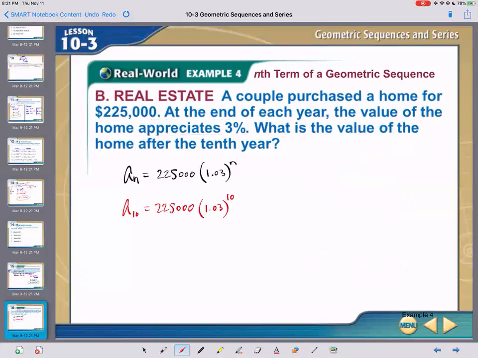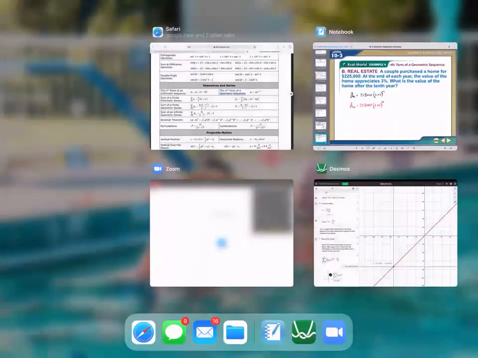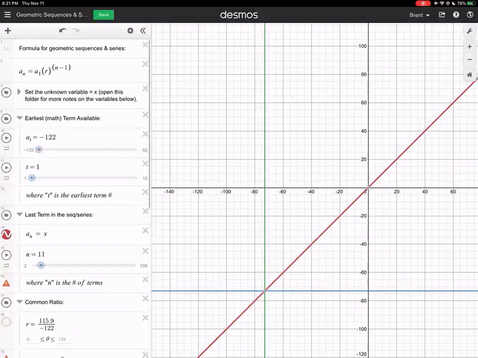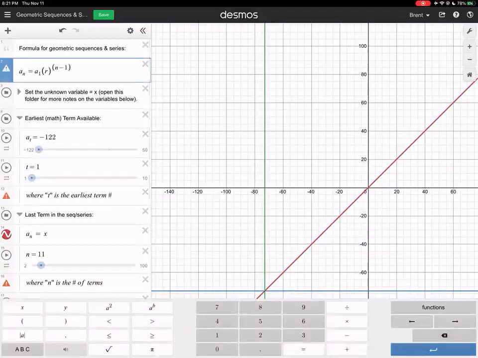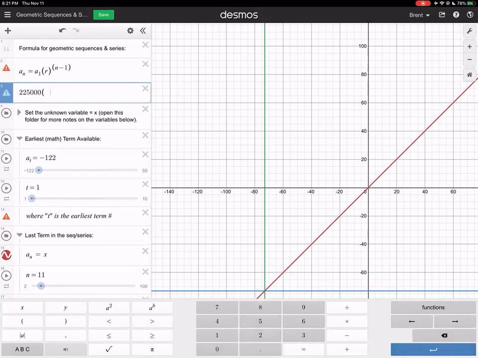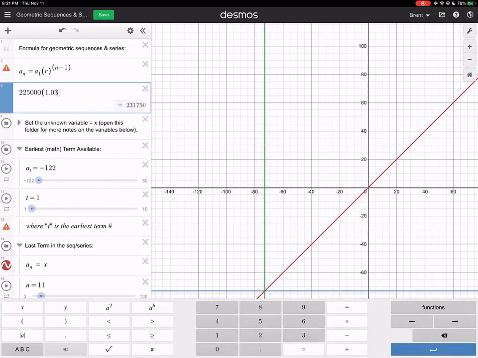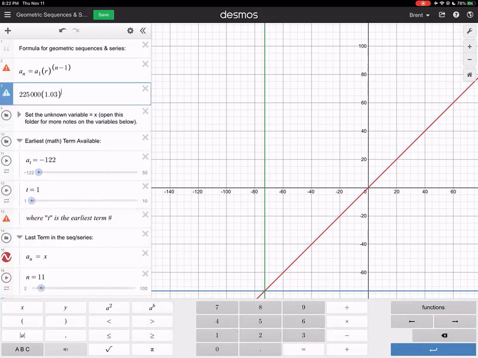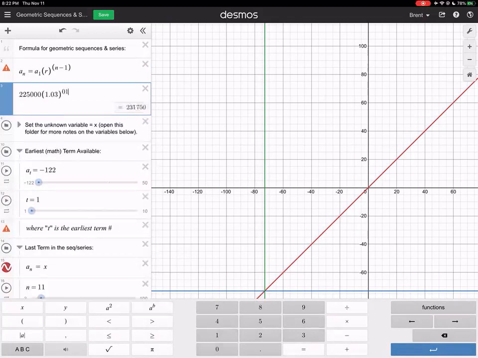Okay, so that's what I need to type in my calculator here to get the actual amount. I'm just going to get a blank line. That's not right. There we go. $225,000. Since my unknown's by itself, I don't have to type that in. Times 1.03. All this raised to the power of 10. Whoops, 10. Take away that 0. And it's $302,381.